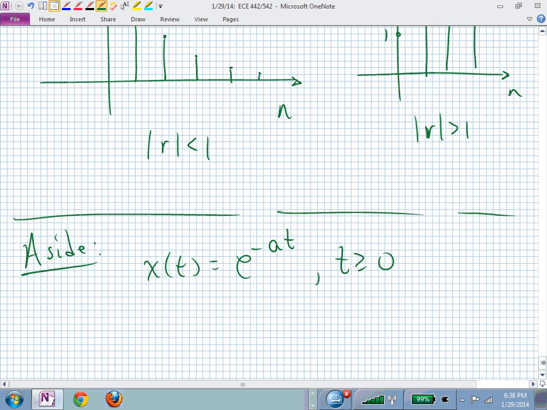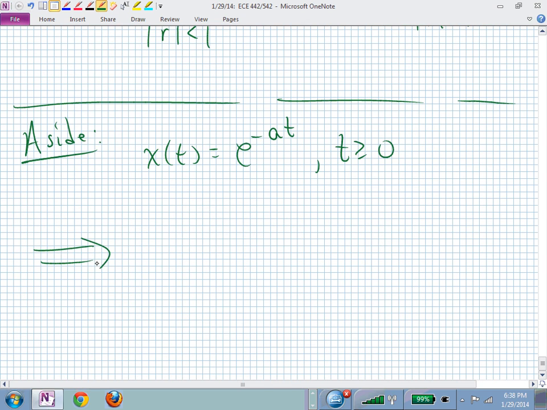What if I sampled that, though? What am I doing when I sample? I'm simply replacing t, or only looking at that continuous time at certain instances, right? And they're one sample period away. They're capital T units away from each other.